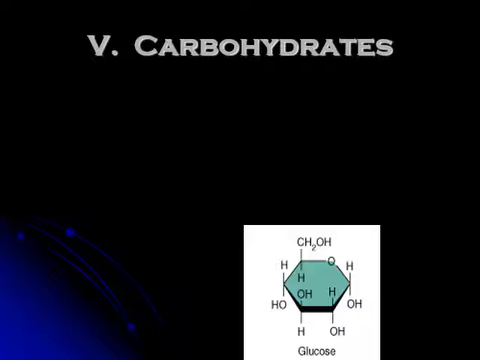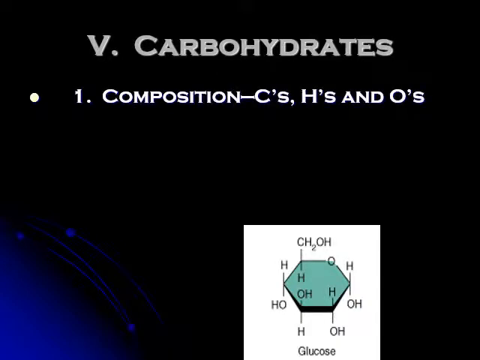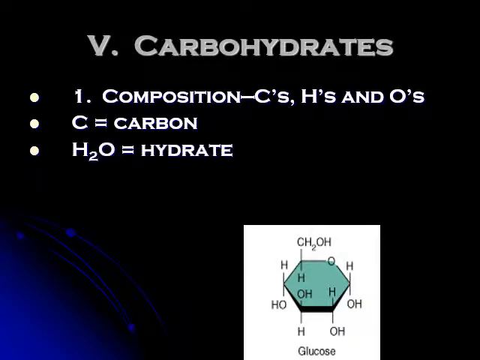You'll get C1H2O1. In other words, you get CH2O. So this has carbons, hydrogens, and oxygens. The C stands for the carbon, which is why it's called carbo, and the H2O is the hydrate, because that is the basic formula of a carbohydrate. It's C1H2O1, or CH2O.